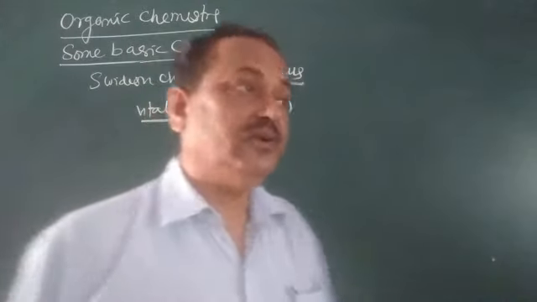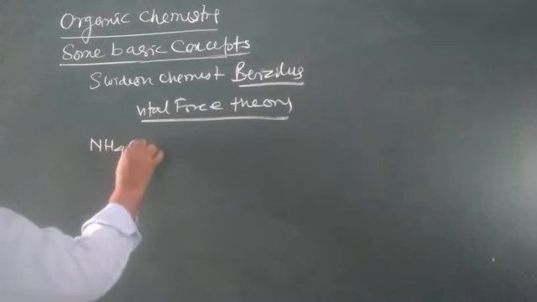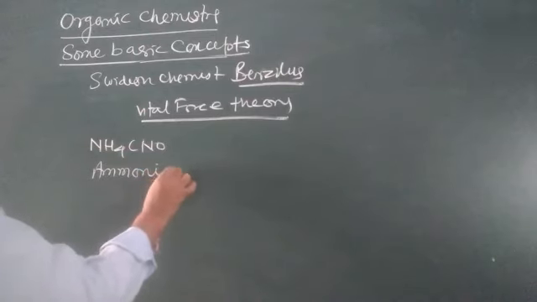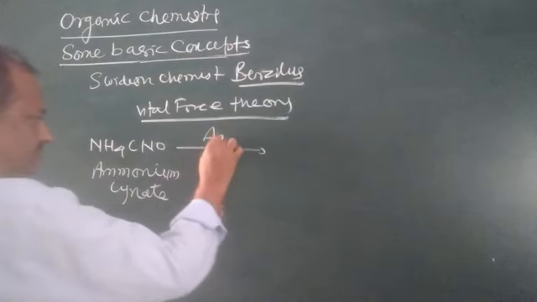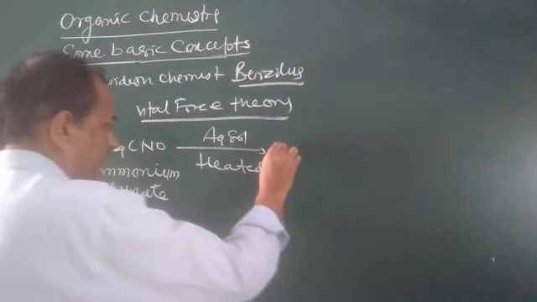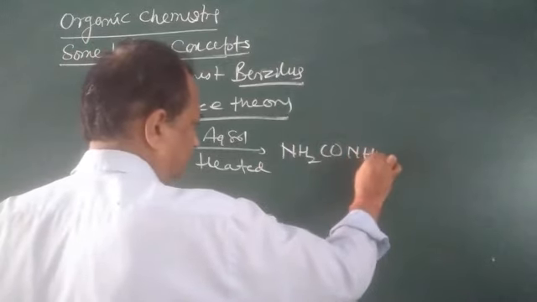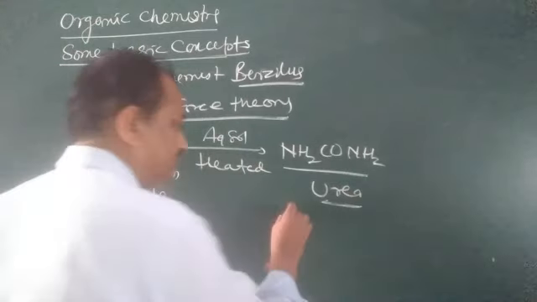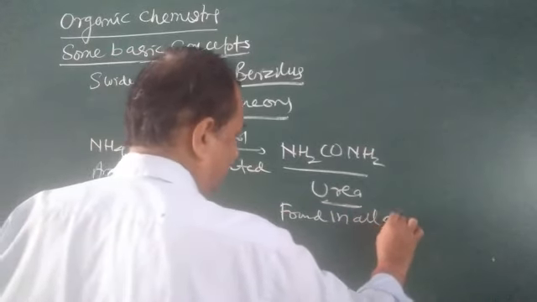It was rejected by the synthesis of an organic compound from ammonium cyanate. This is ammonium cyanate. When its aqueous solution is heated, there is formation of urea. This is found in all animals.